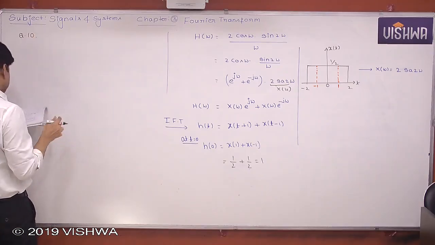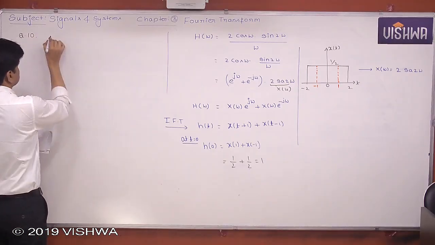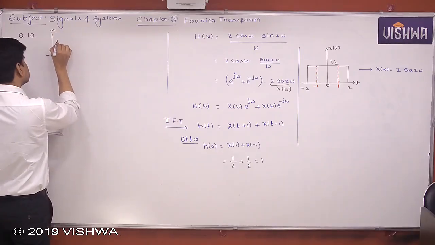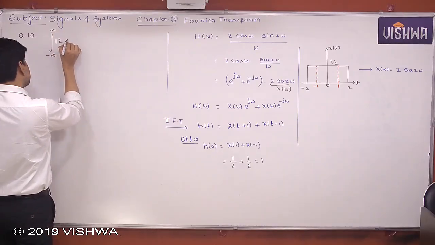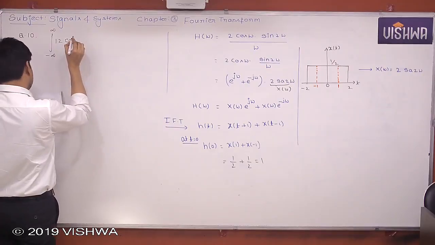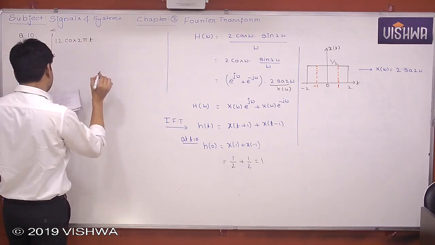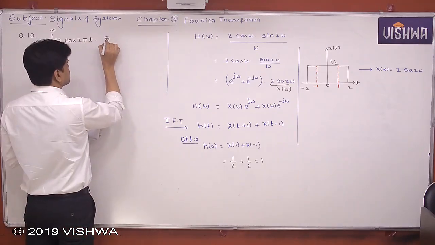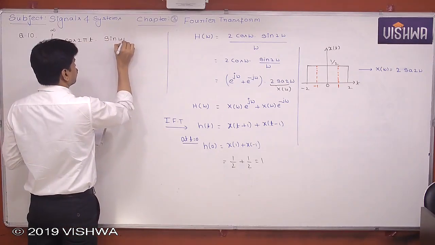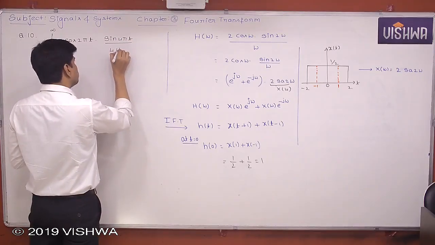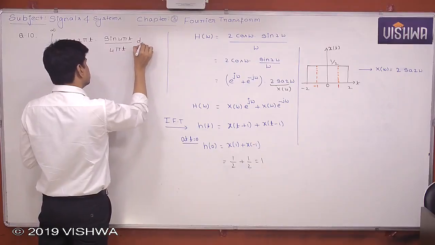Question number 10. Integral from minus infinity to infinity of 12 cos 2 pi t times sin 4 pi t by 4 pi t dt.